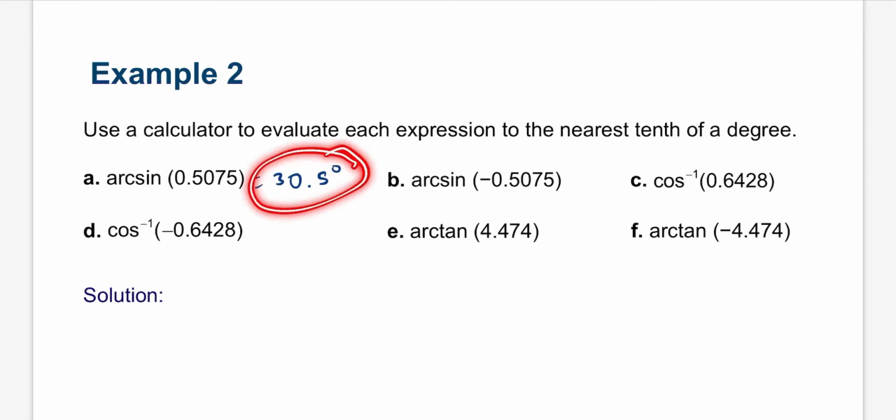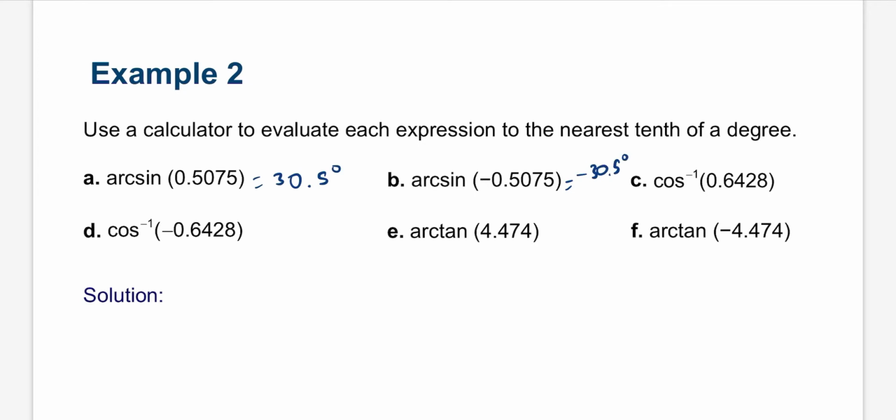And you need to make sure that the angle is in quadrant 1 or quadrant 4, which it is. Second one, same problem, just negative this time. And that is negative 30.5. That is also in quadrant 4, which is good.